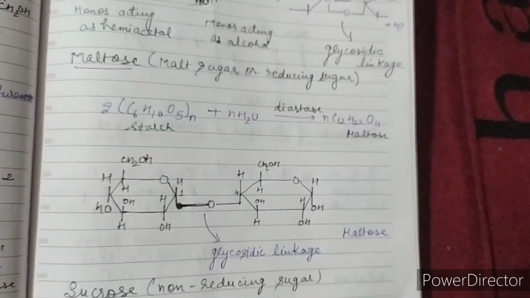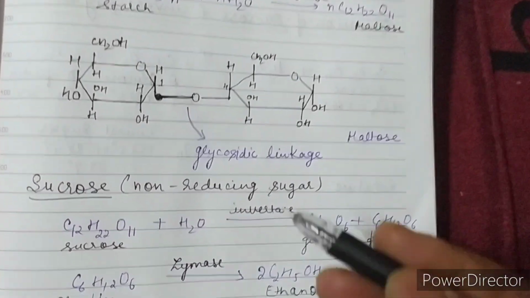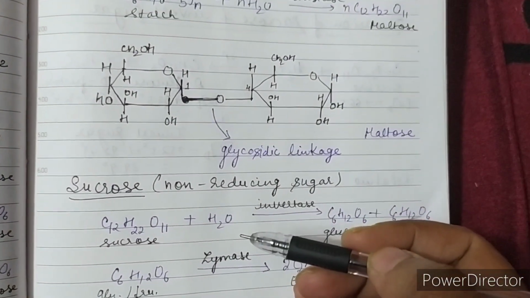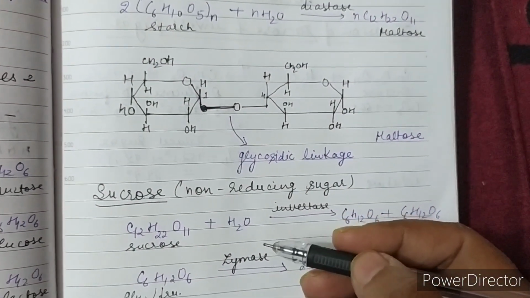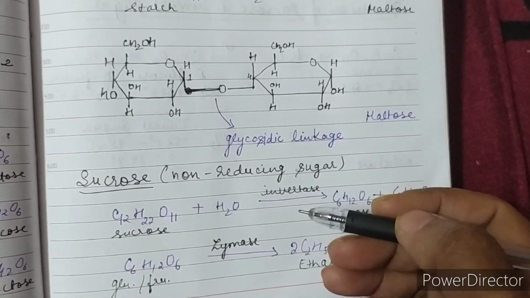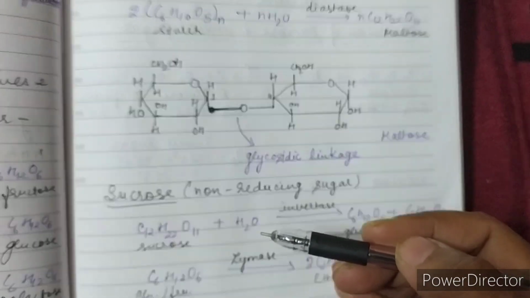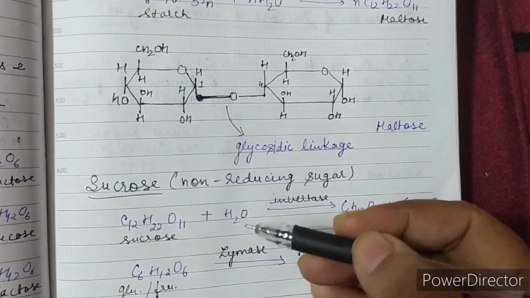Now let's come to sucrose. Sucrose is a non-reducing sugar, and it is the most widely distributed disaccharide in plants, commonly derived from beetroot or sugar cane. It is a colorless crystalline water-soluble substance, and its aqueous solution is dextrorotatory.